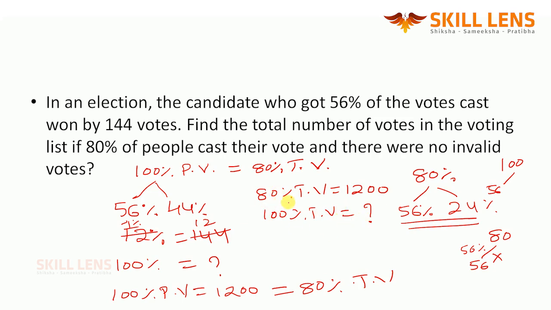If you calculate this, 1200 divided by 80 times 100, the total number of votes will become 1500. Okay, please understand, 100% of polled votes is equal to 80% of total votes. Once you understand that particular statement, your job is a cakewalk. Okay, thank you.